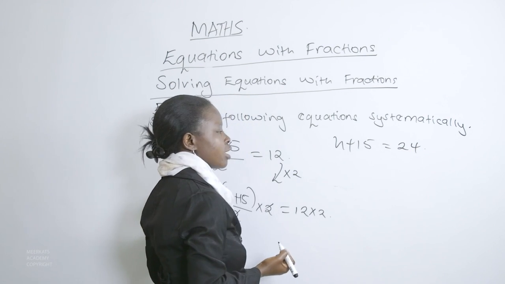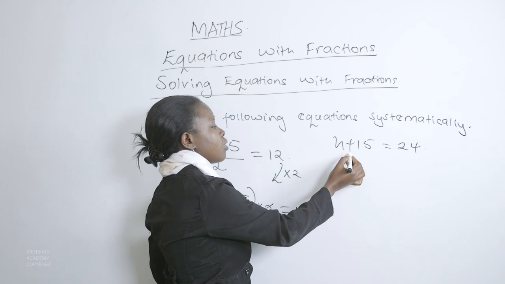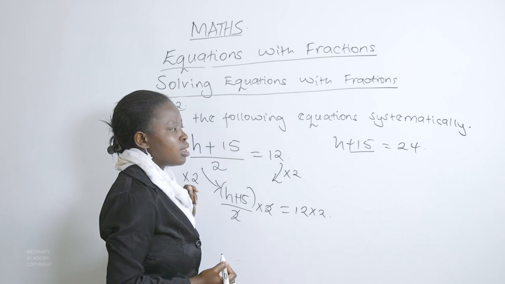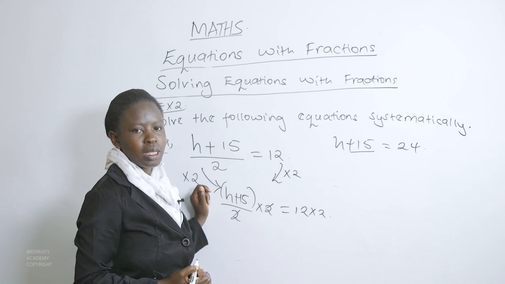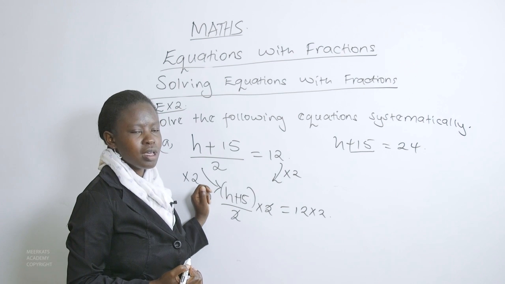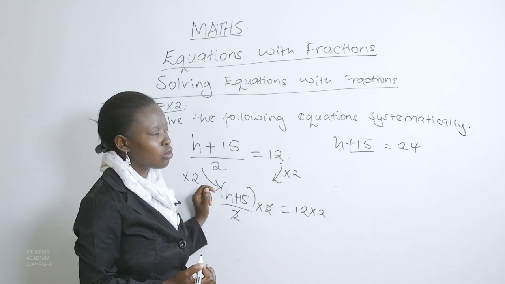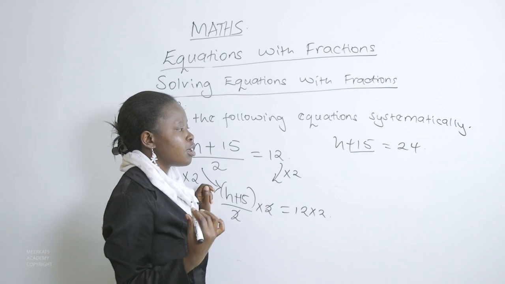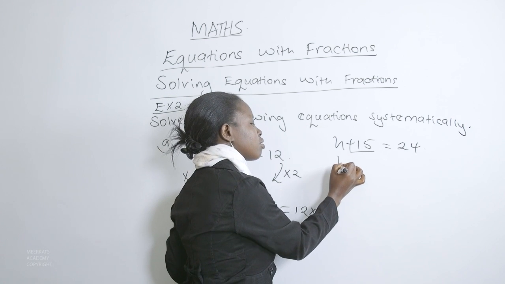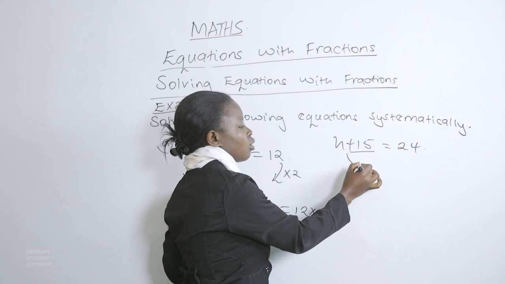So that for us to get the value of h, when we have a number that has been added on that side, if I need to eliminate that given number, then it means I subtract a digit on both sides. And the digit we are going to subtract in this case is 15. So the next step, we are having to subtract 15 on both sides.